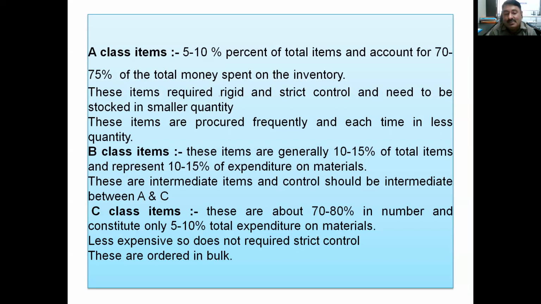These items are procured frequently and each time in less quantity. See, these are only 5 to 10% of items. If you take the example of a car, I can say the engine parts, the engine, then the chassis and the main structure have the maximum contribution as far as this car is concerned.